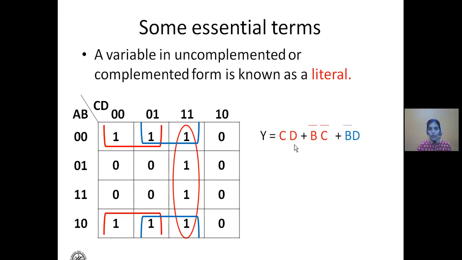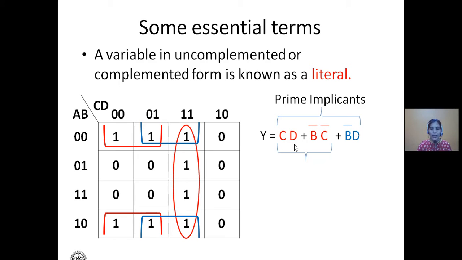So these three products represent the prime implicants of the groupings which can be formed. However, the only prime implicants which are essential are the CD and the B bar C bar. The reason is these two product terms cover all the ones which are in the K map.